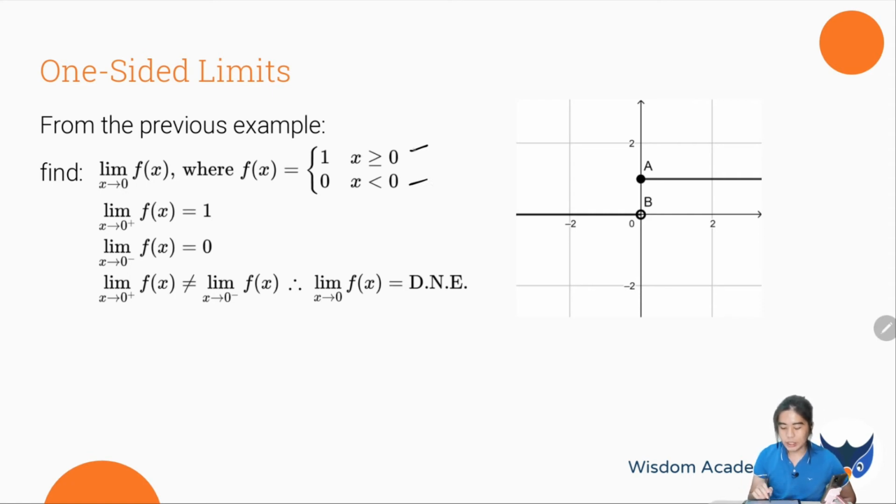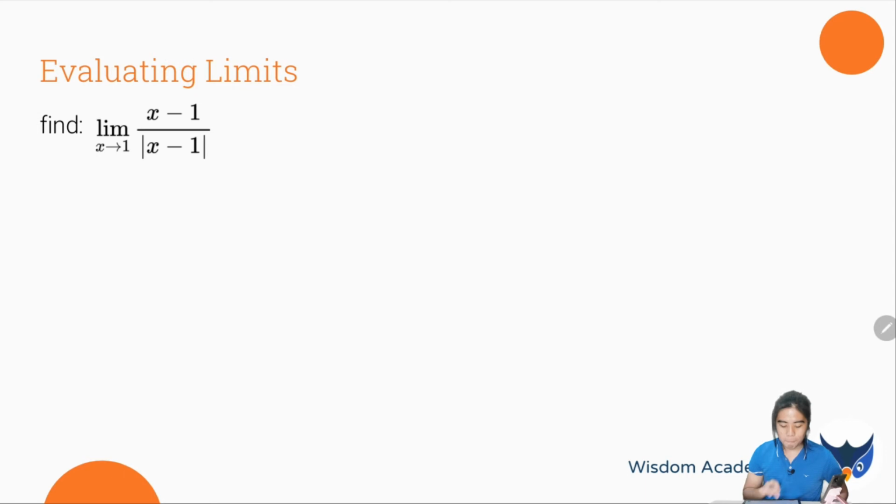So, since hinahanap natin is 0 and endpoint siya ng interval, so hindi tayo kagad makakapag-direct substitution dito. So, in this case, hanapin natin yung limits nila from the right and from the left. So, from the right, alam natin na yung limit niya is approaching 1 and limit niya from the left is 0. Okay. So, posible na merong limit from the right and limit from the left. Pero, yung limit does not exist since the limit from the right is not equal to the limit from the left. Okay. So, ganun lang siya.